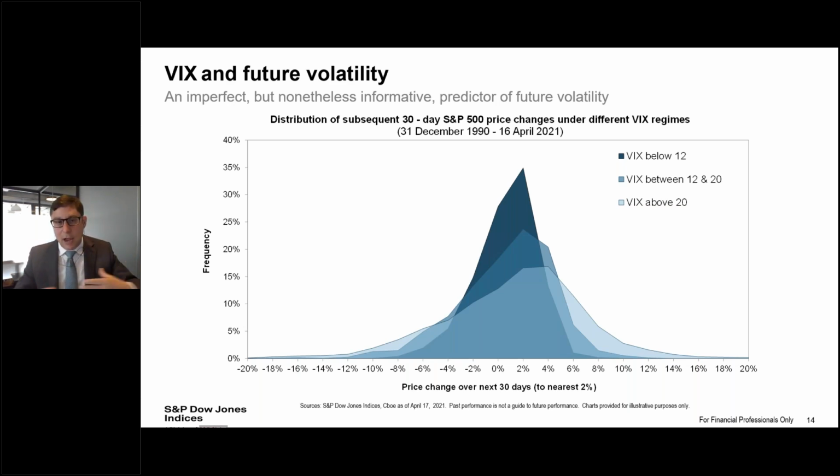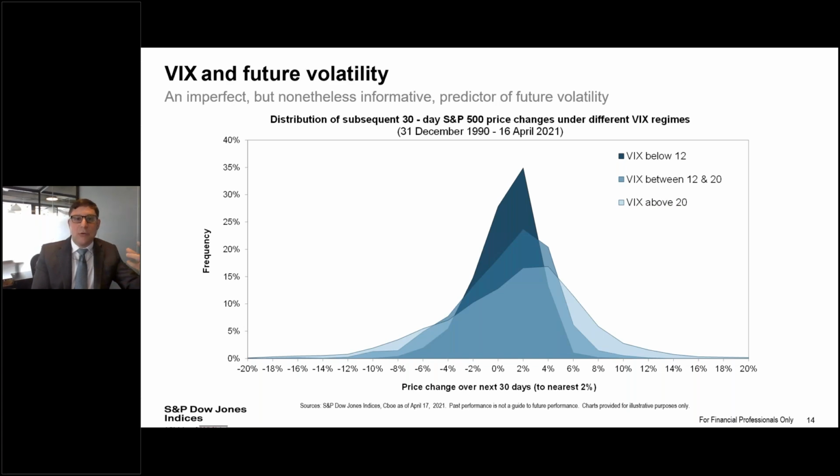And very clearly there, hopefully that answers resolutely the question as to whether or not there's predictive power here. It's very, very clear that a higher VIX has historically predicted a wider potential spread of S&P 500 returns. Now, that's for a VIX going up to above 20. You may well ask, well, VIX has gone all the way up to 80 on occasion.